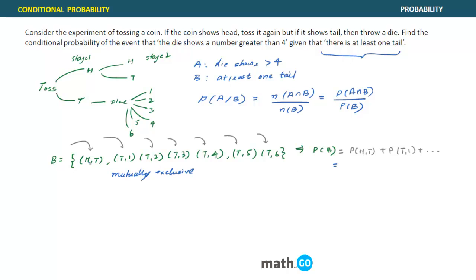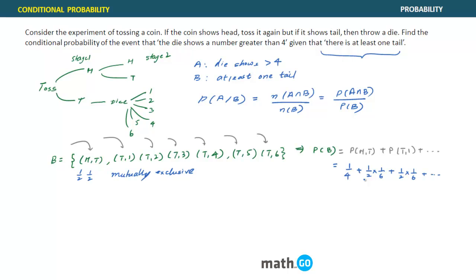So what is the probability of H and T? At the first stage head comes, that is 1 by 2. At the second stage tail comes, that is again 1 by 2. So this is nothing but 1 by 4. Then comes the probability that t comes on the first and 1 comes on the second stage. So this is 1 by 2 into 1 by 6. Then all the other cases will be similar, right? 1 by 6 is for the die.